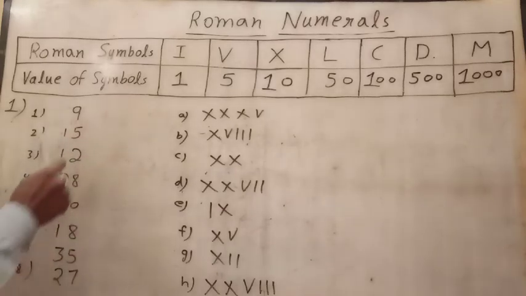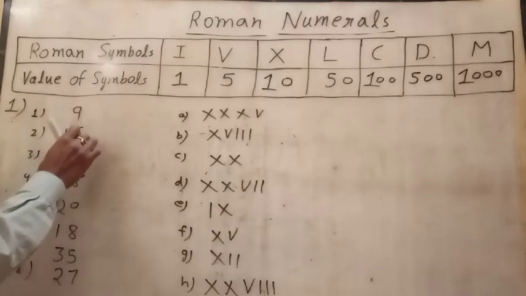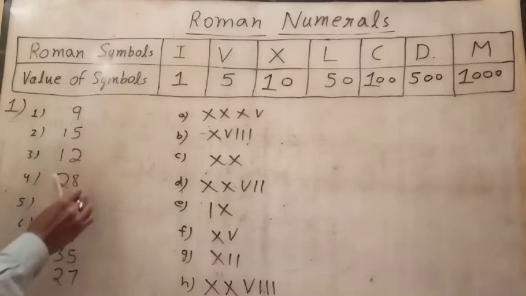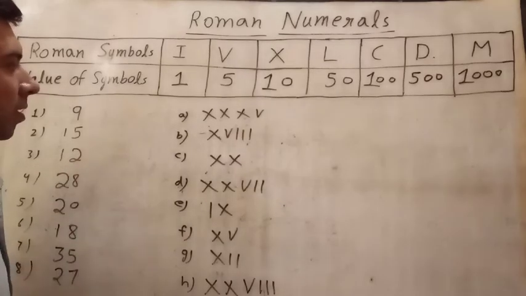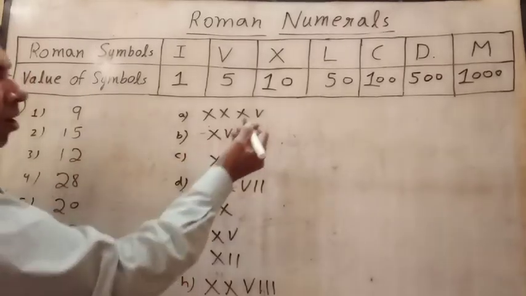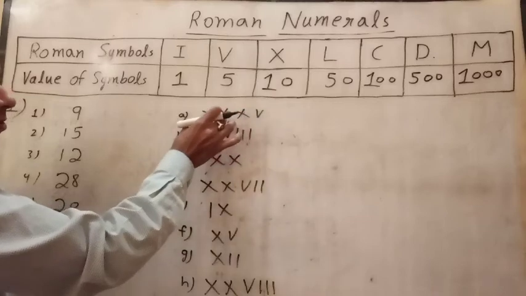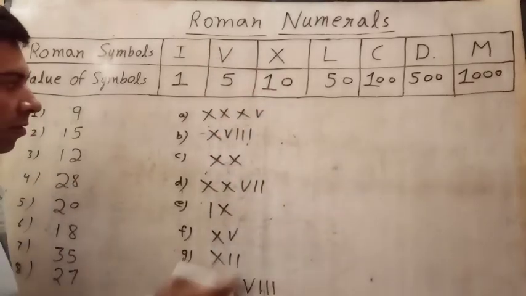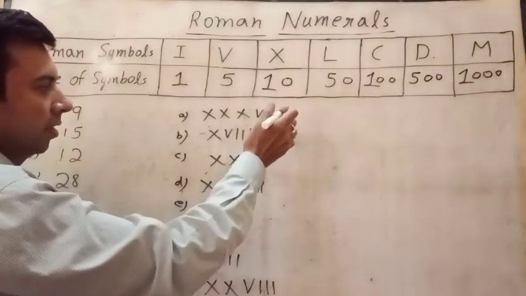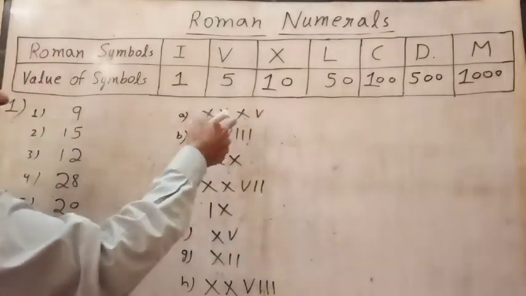See here: 9, 15, 12, 28, 20, 18, 35, 27. We have to match it. So how we match it? First we write the value of these Roman numerals. What is the value?